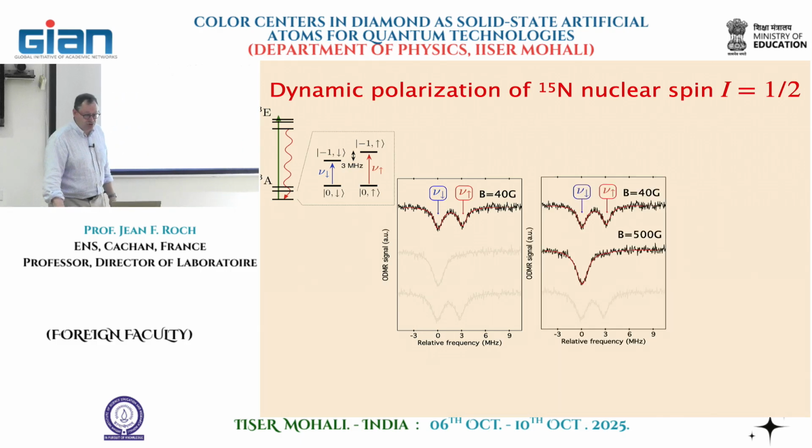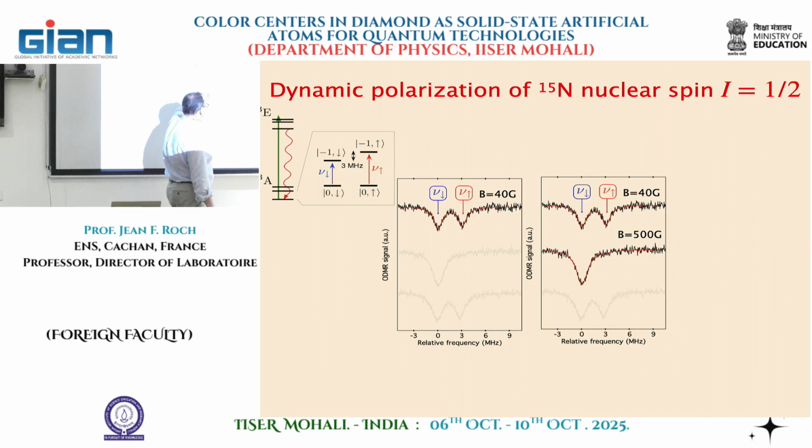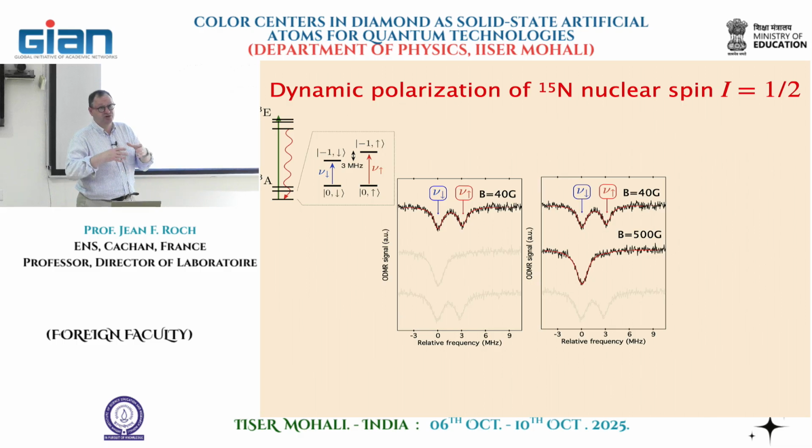If I now close to the LAC, applying this magnetic field of 500 Gauss, you see that now this peak disappears, and that peak is increased just due to the polarization transferred to the spin polarization of the nuclear spin.